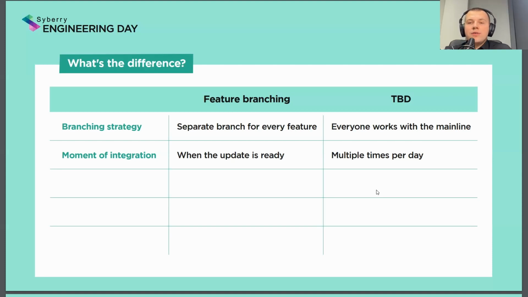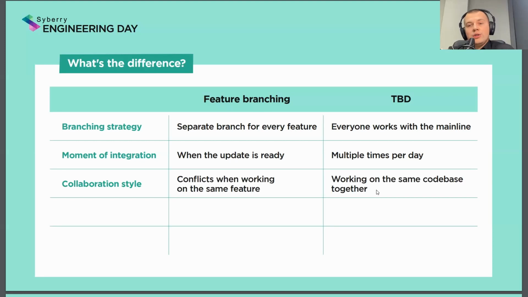Trunk-based development requires developers to integrate their changes into the main line frequently, ideally multiple times per day. This practice ensures that any issues or conflicts are identified and, I would say, resolved early in the development process, reducing the risk of integration problems and improving overall code quality.